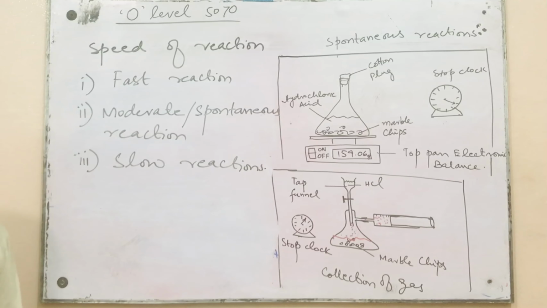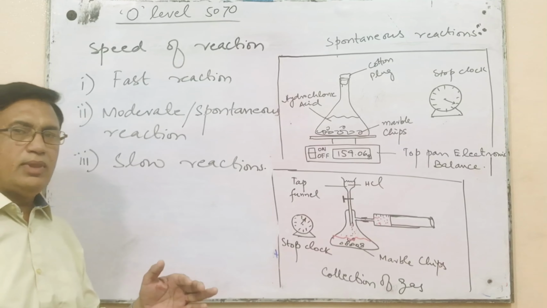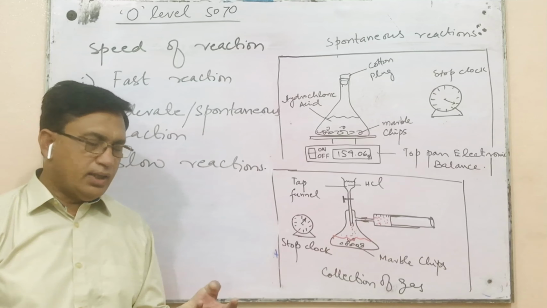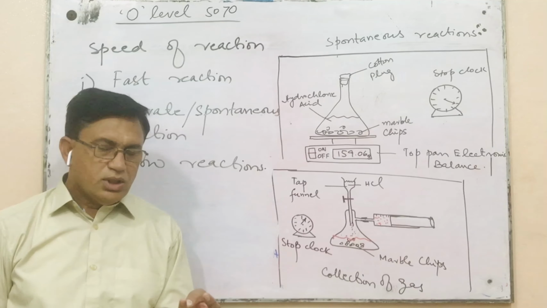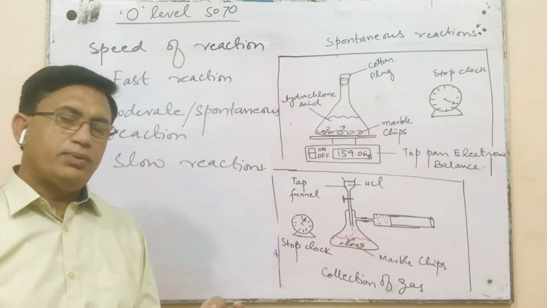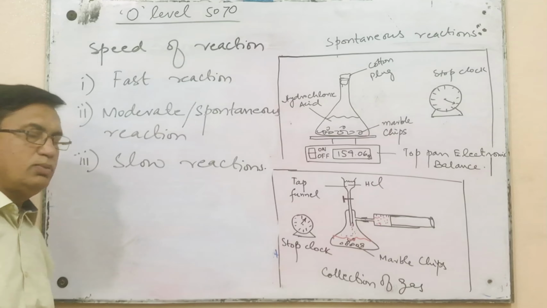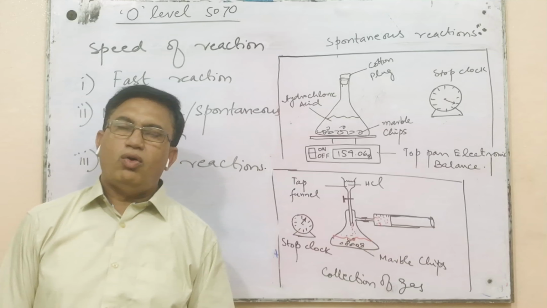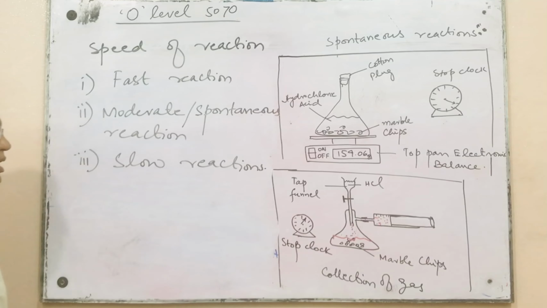Now, the third one are slow reactions. Slow reactions are those reactions which take too much time for completion. For example, rusting of iron, it is too slow. Similarly, ripening of fruit, this process is also too slow. In a similar manner, the rotting of food is also a slow process.